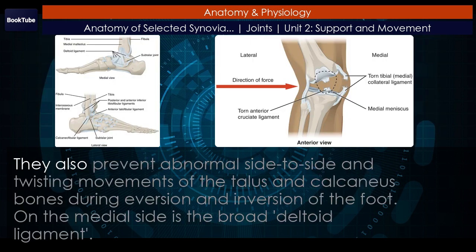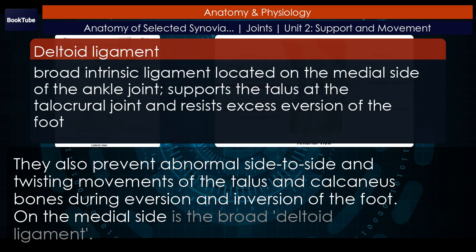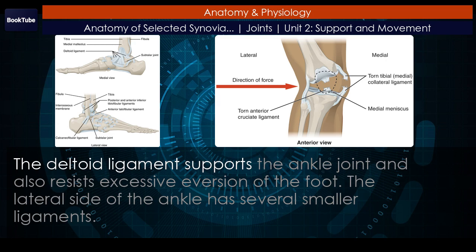They also prevent abnormal side-to-side and twisting movements of the talus and calcaneus bones during eversion and inversion of the foot. On the medial side is the broad deltoid ligament. The deltoid ligament supports the ankle joint and also resists excessive eversion of the foot. The lateral side of the ankle has several smaller ligaments.